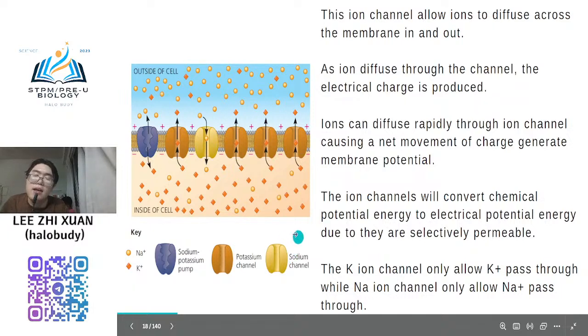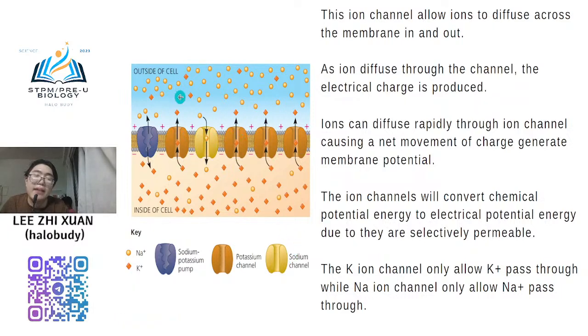Why? Because you need to maintain that outside the cell, sodium ion is high, and inside the cell, potassium ion is high. Normally this is the ion channel, so this is not an active transport process, this is a facilitated diffusion process. So the ions will move down the concentration gradient.